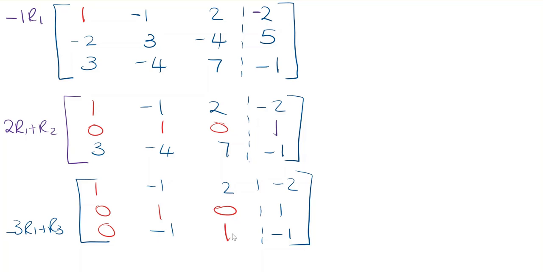And then -3 times -2 is 6, 6 minus 1, so this is going to be 5.